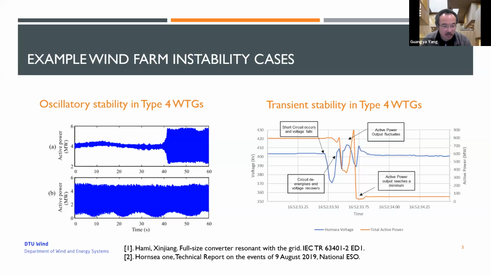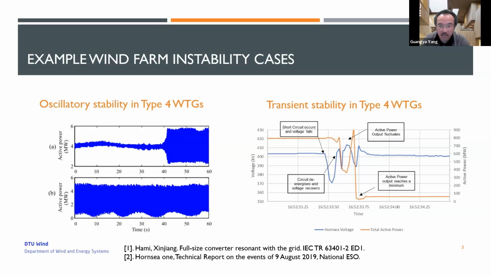Another case, also recent, is from Hornsea 1. It's a very large offshore wind farm in the UK, with an installed capacity above 1 gigawatt. There was a case in 2019 where this wind farm tripped from the grid and partially caused a blackout in the area where it's connected. That case was due to a lightning strike, followed by a voltage dip.